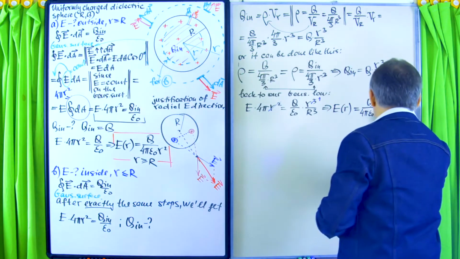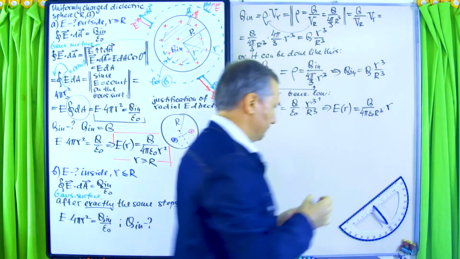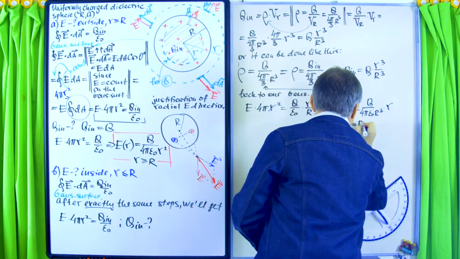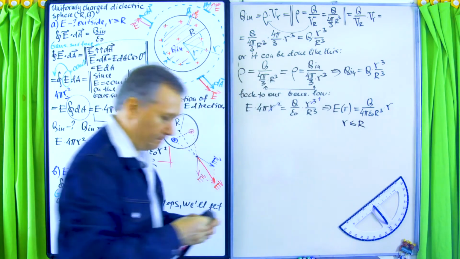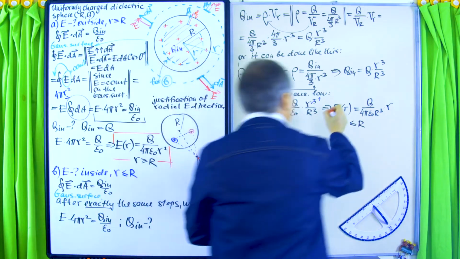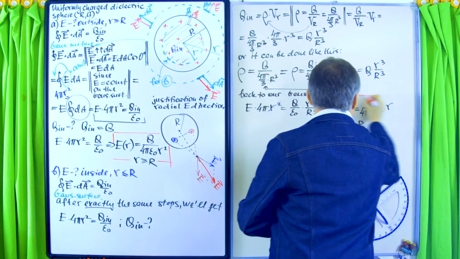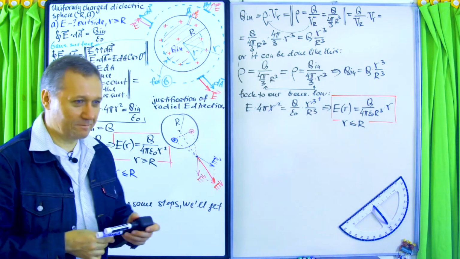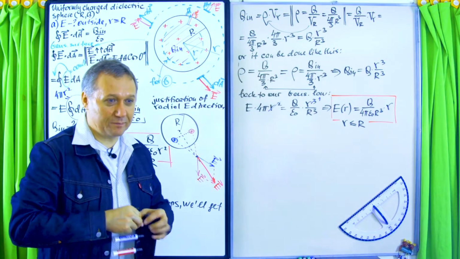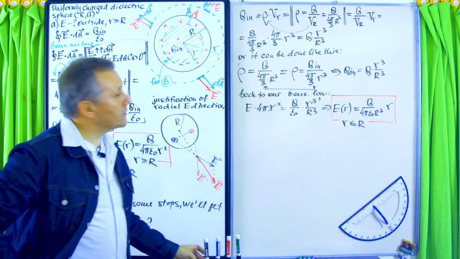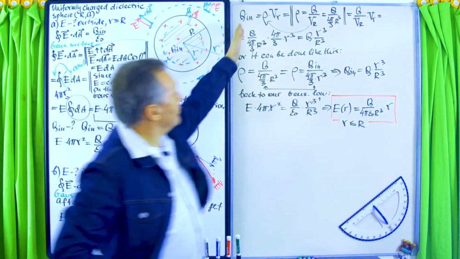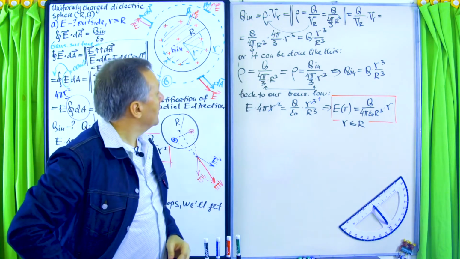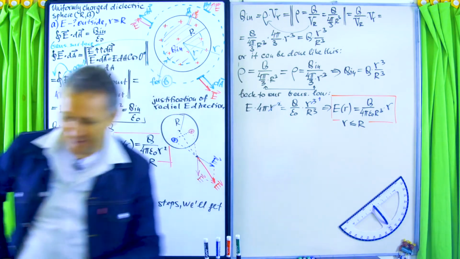Sorry. So that's for r small less than or equal to r capital. Now let me frame it. That's part B. Part B is slightly more complicated because you need to spend a little more effort finding Q enclosed.